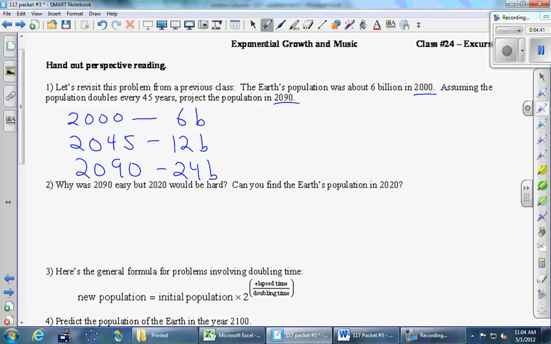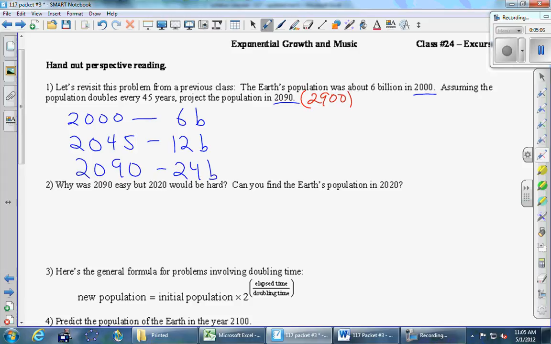Okay, if instead of saying 2090, I had said 2900, well, it turns out that is a nice doubling number. If you kept making this list, you would eventually land perfectly on 2900, but we get annoyed when we have to do really long, lengthy lists like that, right?